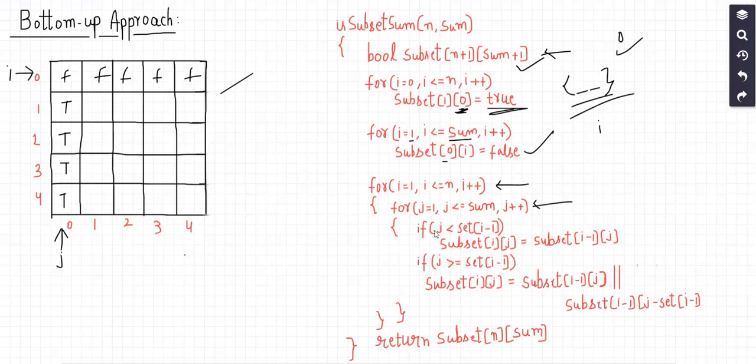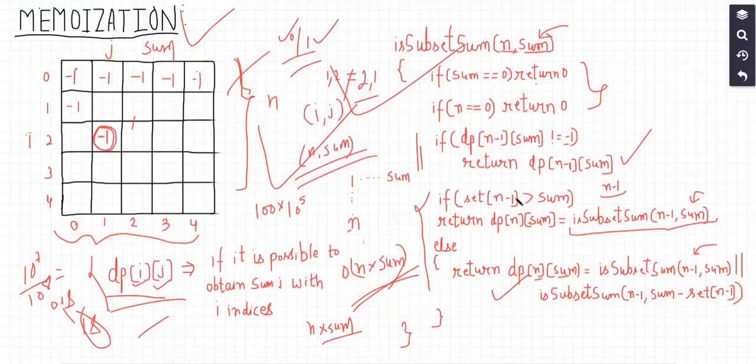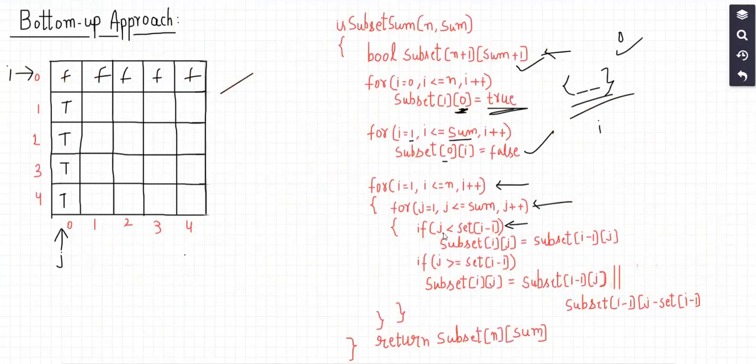So we are checking whether sum j is possible to generate or not. First we check if j is less than the integer we are standing at, the ith integer of the set. We have the condition here.